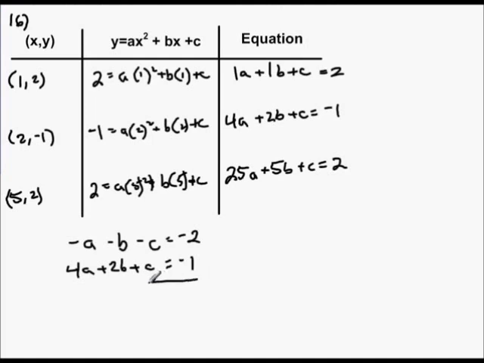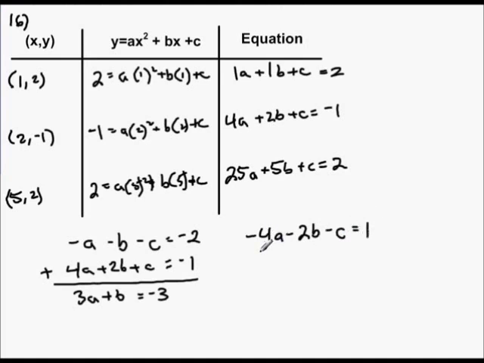Going ahead and adding these two equations together then, I wind up getting 3a plus b equals negative 3. Alright, now let's take the second and third equation. So again, I'm going to eliminate c, and so if I multiply the second equation by negative 1, I would get negative 4a minus 2b minus c equals 1.